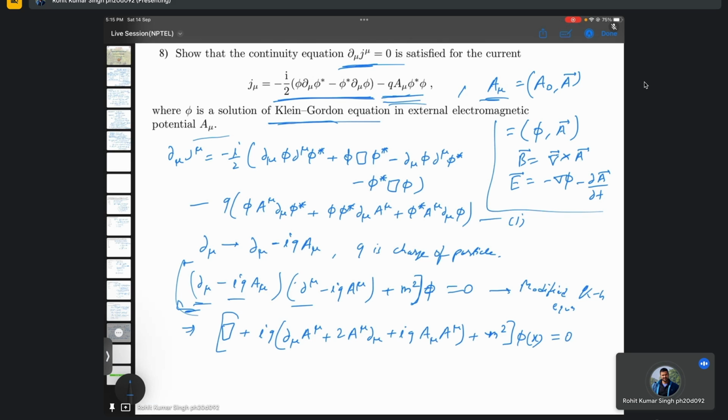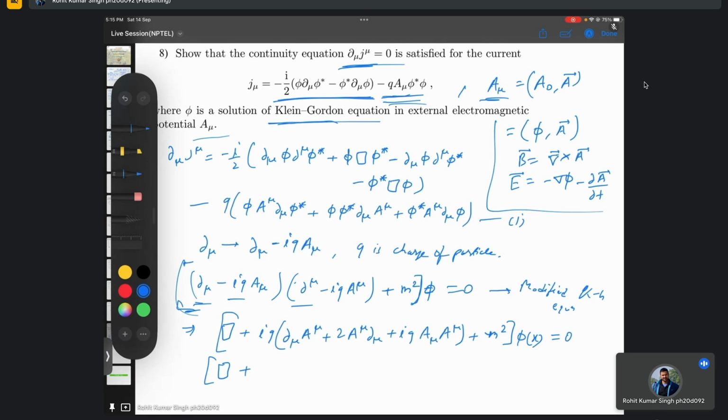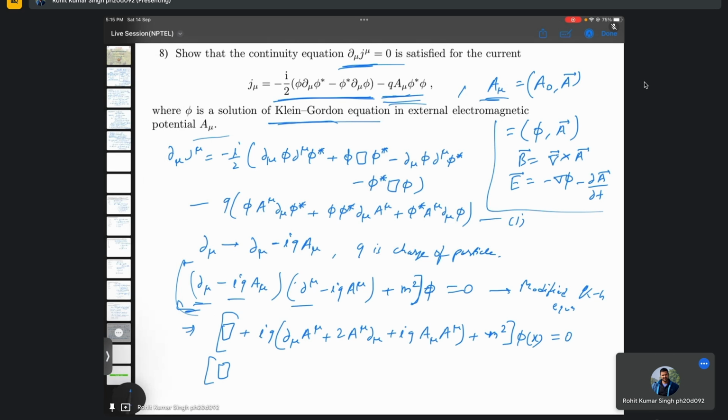Okay, and again we can write the complex conjugate equation. So complex conjugate means i becomes minus i and everything remains the same.